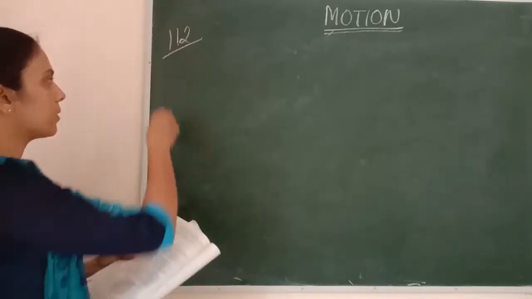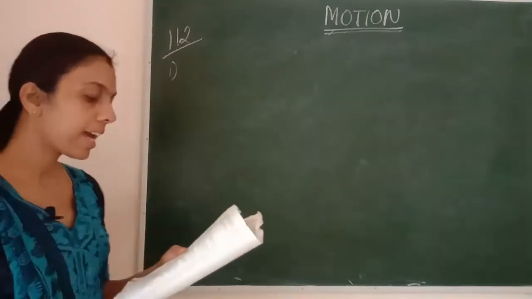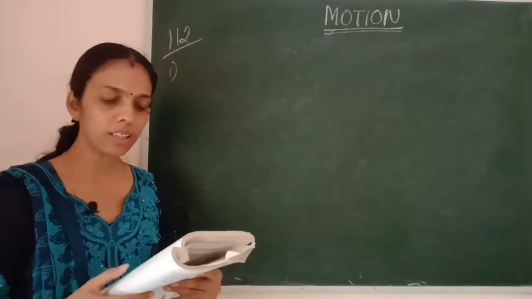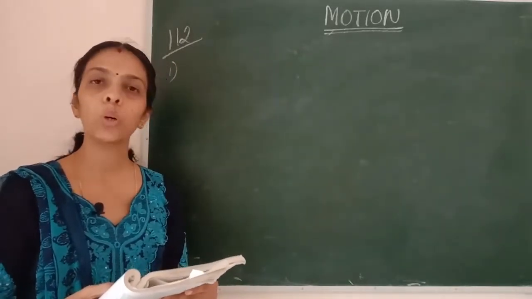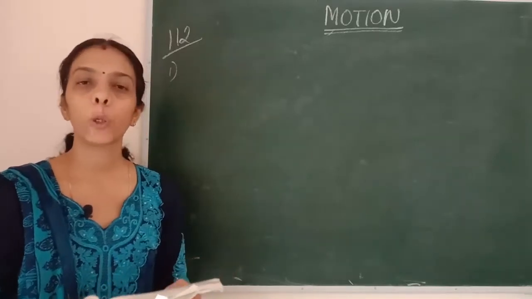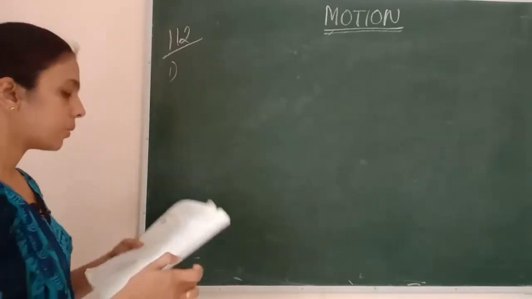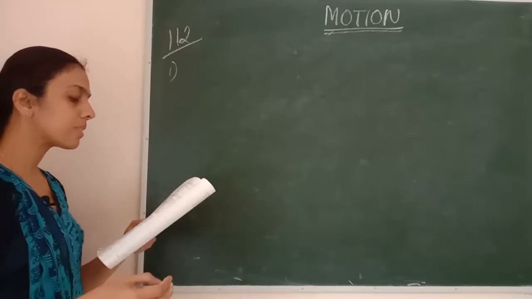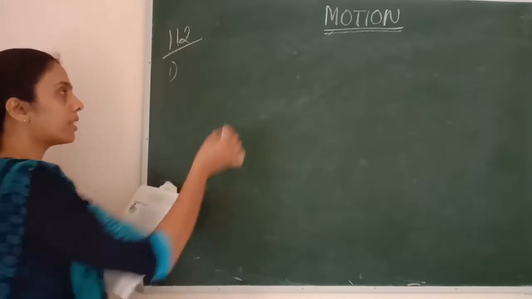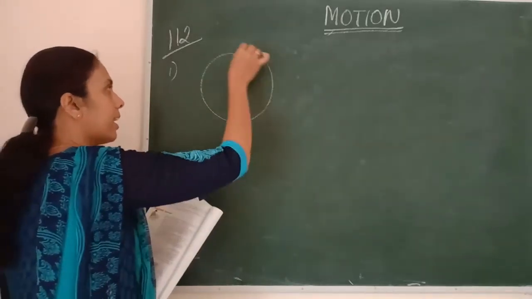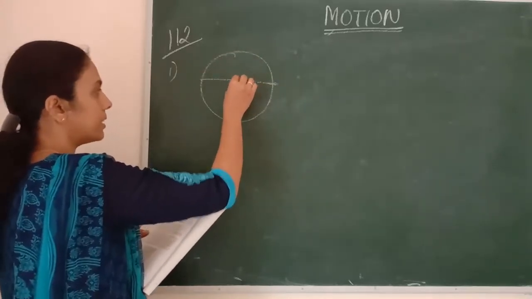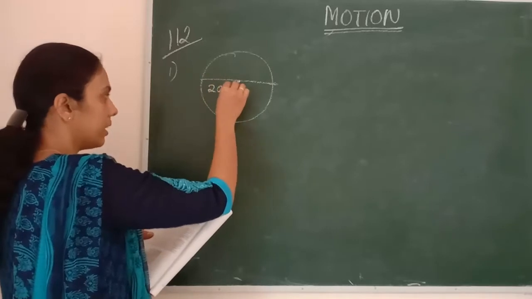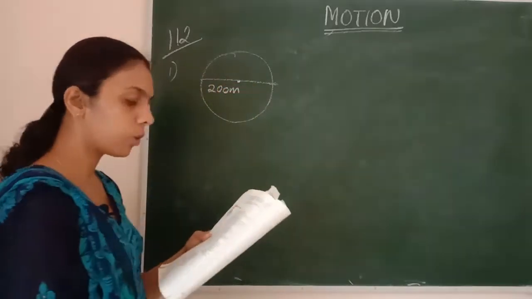First question. An athlete completes one round of a circular track of diameter 200 meter in 40 seconds.